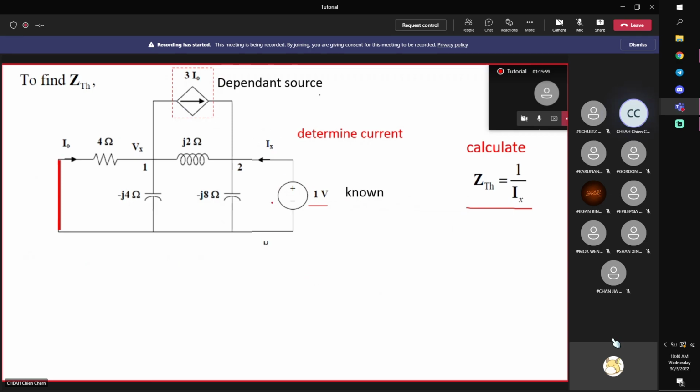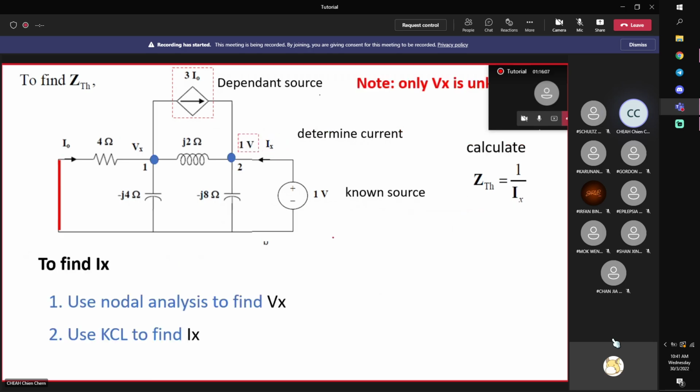Okay, then after that, what you need to do is to use applied circuit analysis to find Ix, right? To find Ix. Now, notice that here you apply 1 volt. So therefore, this node voltage is known, 1 volt, correct? Because this is 0 volts. 0, climb up 1 story, you have the first floor.